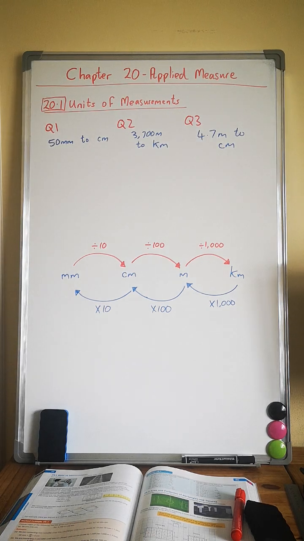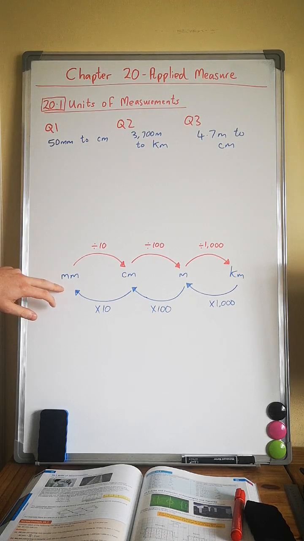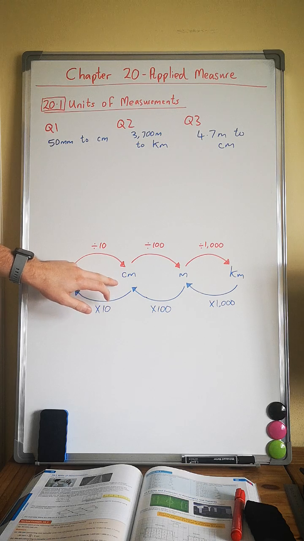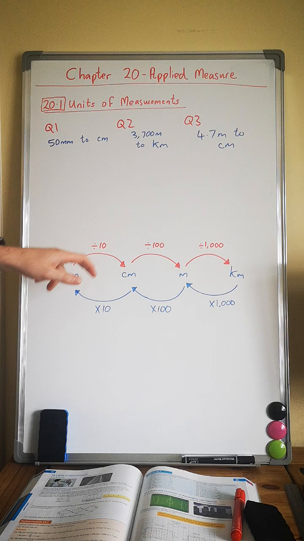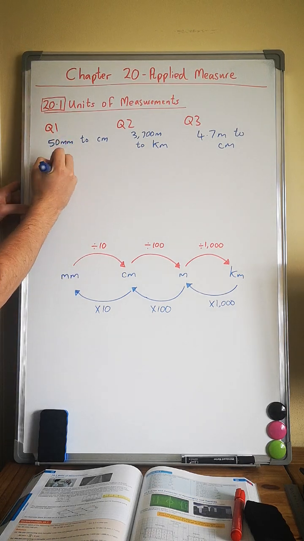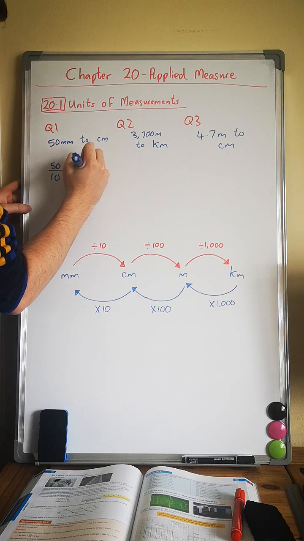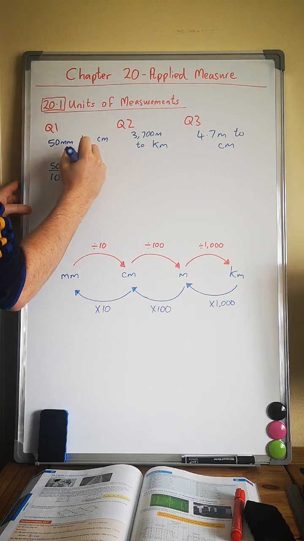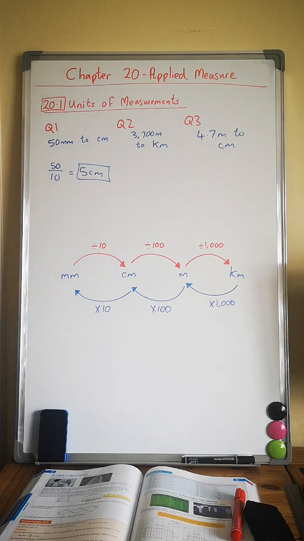So the first one, converting millimeters, which is the smaller unit, into centimeters, which is the larger unit. So we're going from millimeters to centimeters. What we're told here, going from millimeters to centimeters, the red arrow, you divide by 10. So we're going to have 50, that's your millimeters, divided by 10 is equal to 5 centimeters. Answer to the first question, hopefully you got that one.